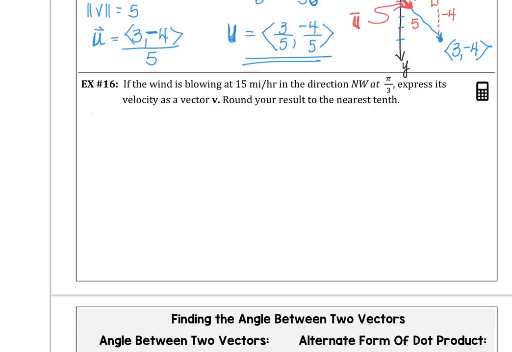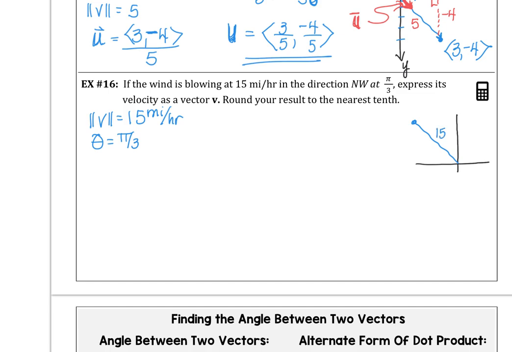We're told the magnitude is 15 miles per hour. We know that the angle is pi over 3. And if you think about it going in the northwest direction, so let's think about that visually here. Magnitude is 15. So we have this length 15.